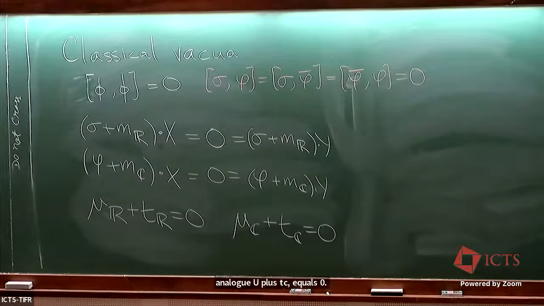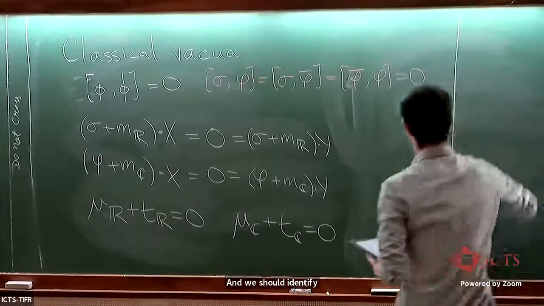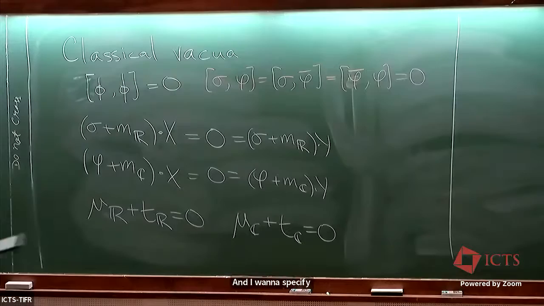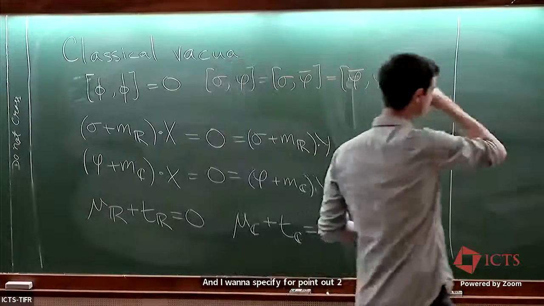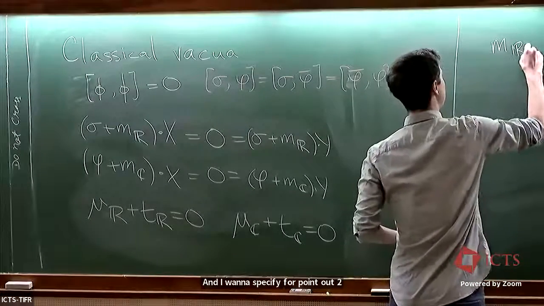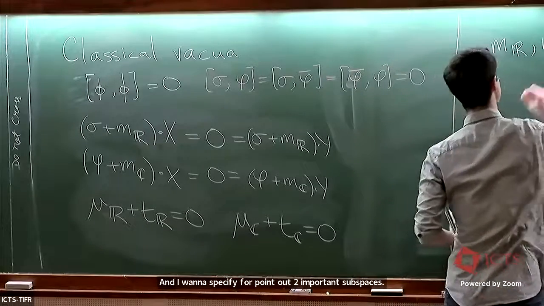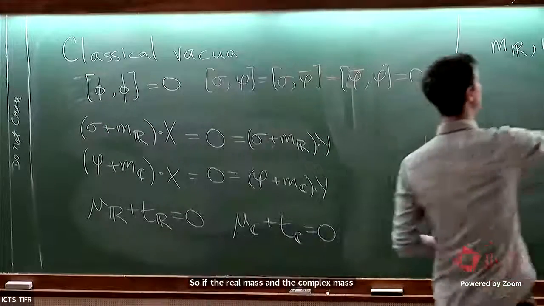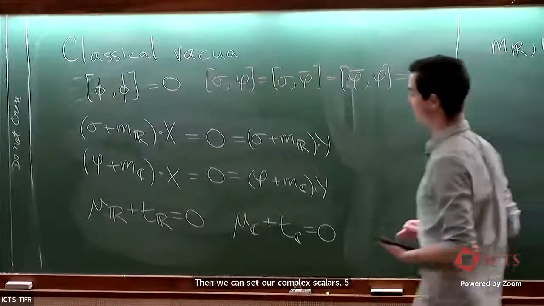Okay, so solutions to these equations are going to correspond to classical vacua of this 3D N equals 4 theory. And we should identify vacua that differ by action of the gauge group G. And I want to specify or point out 2 important subspaces. So if the real mass and the complex mass vanish, then we can set our complex scalars phi and sigma to 0.